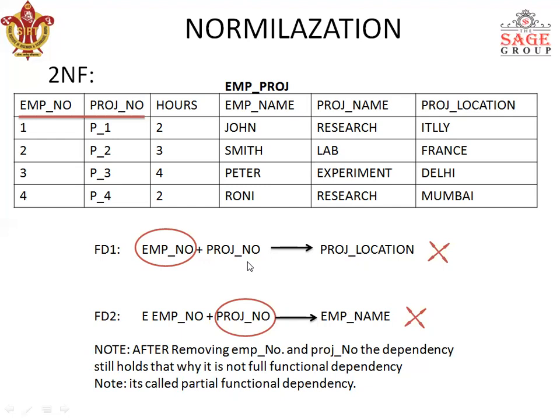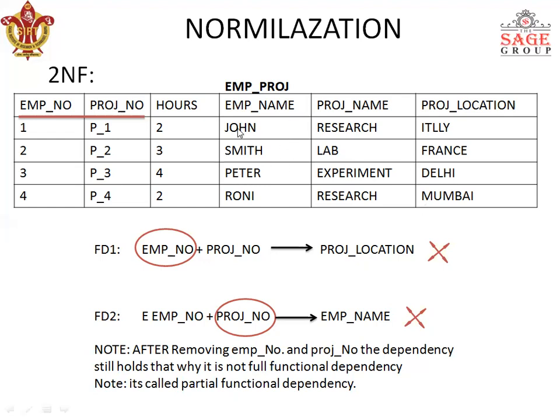So that is not a fully functional dependency. Another example: with employee number and project number, can we identify employee name? Yes. But if we remove project number, can we identify employee name with employee number? Yes, we can. So this is also not a fully functional dependency.